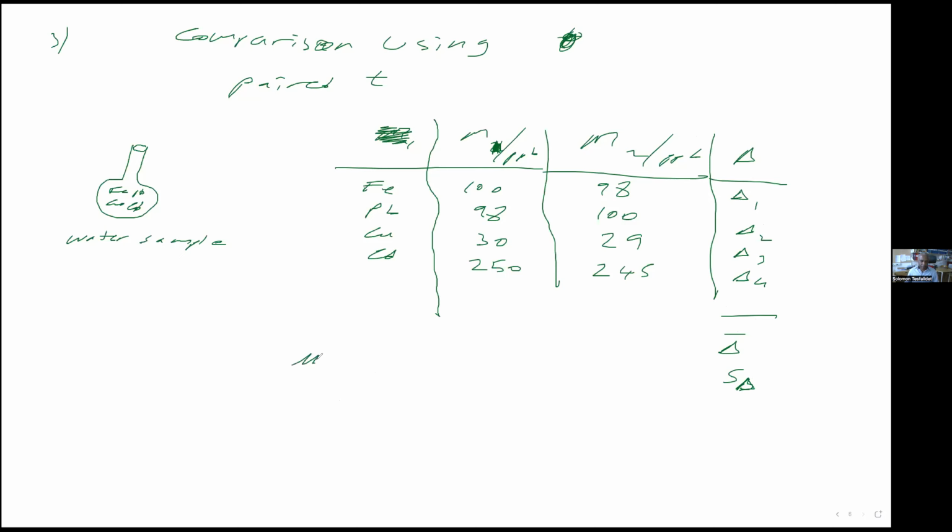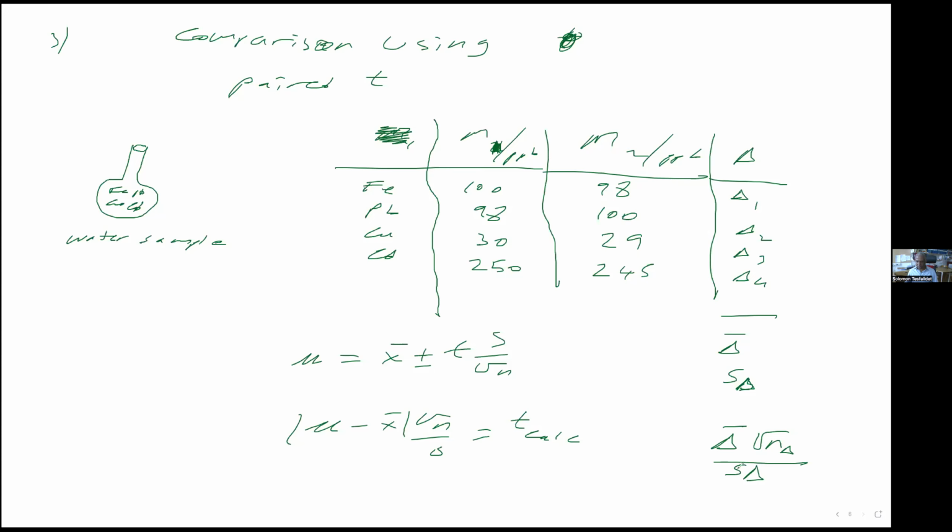And we can, from the expression for the confidence interval, this was what we had for the confidence interval, and this was what we had for the comparison of a mean with a known value, t calc. Here we have the average of the differences, the number of differences, and the standard deviation of differences. Sorry.